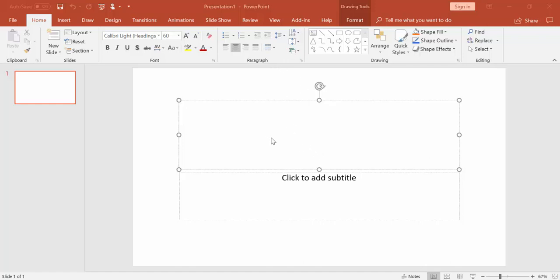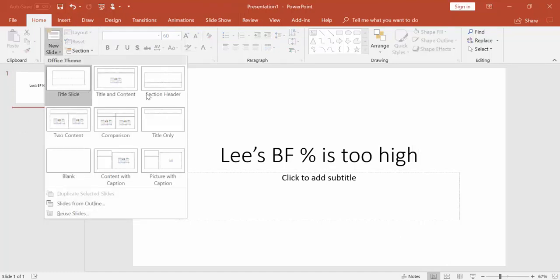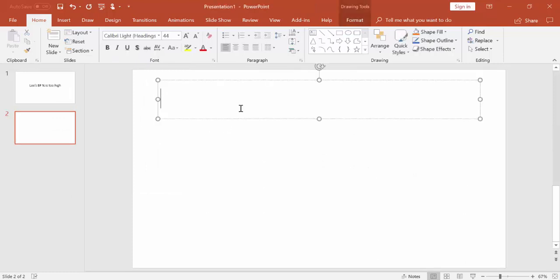So I am going to enter in here, Lee's body fat percent is too high. So this is going to be my project, and of course we know that we need a business case.